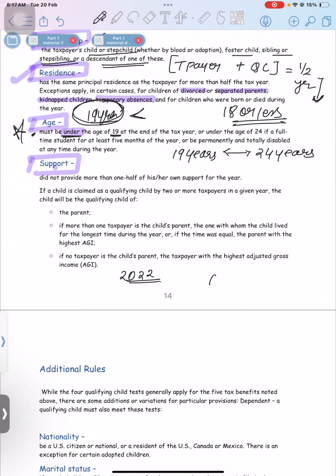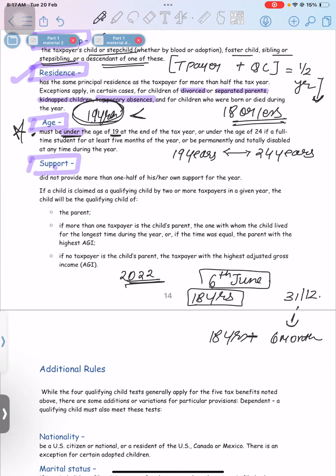The child's birth date is 6th of June, when he turns 18 years. Now he is already 18 years in the month of June. We are filing the return for 2022. So till 31st December, can I say he has already completed more than 6 months after 18 years? Right? So we cannot claim him as a qualifying child. He will fall under another category.